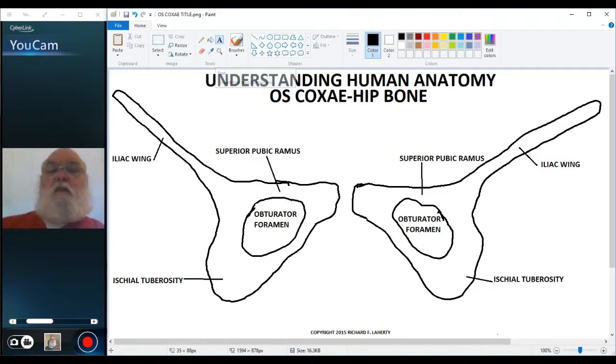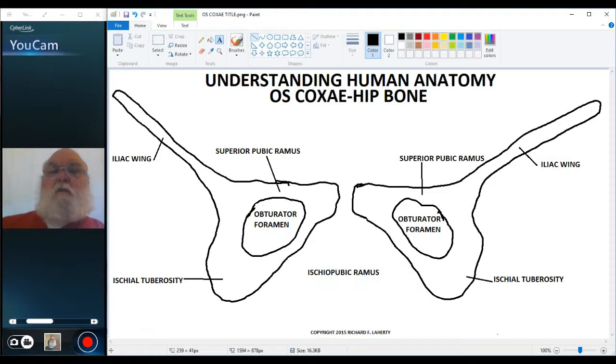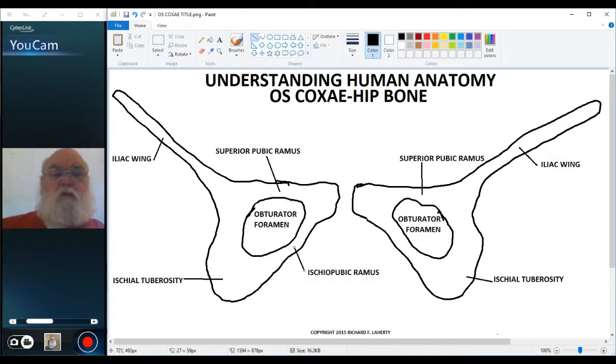And we have the ischiopubic rami, and remember that's a combination of the inferior pubic ramus and the ramus of the ischium. And those are the major features that we've seen previously.